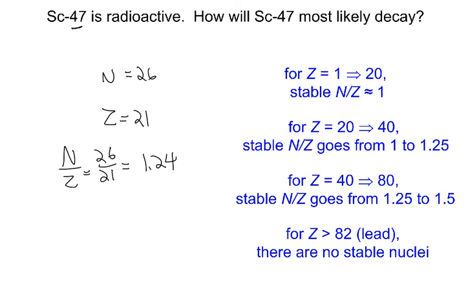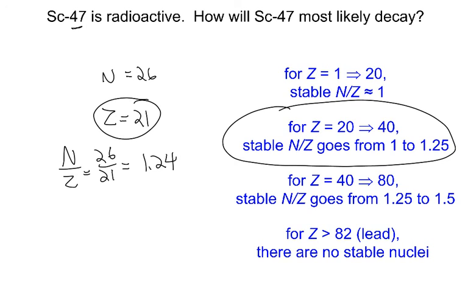My atomic number is 21, so scandium falls into this category. But of course, 21 is on the side closest to 20, so we would expect the N to Z ratio to be pretty close to 1. So the fact that it's 1.24 tells me that it's too big. So this is going to be beta decay.